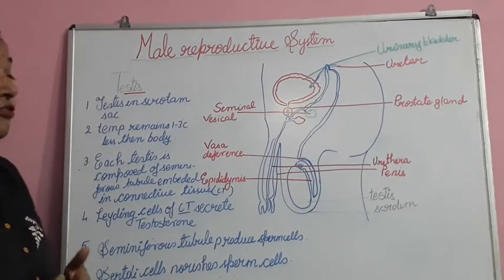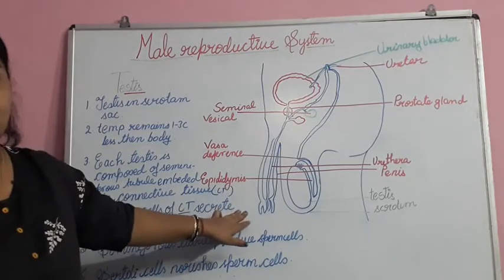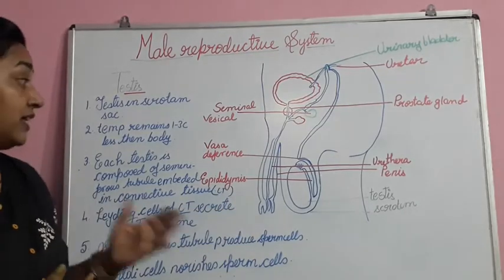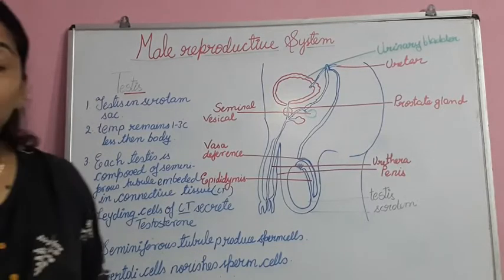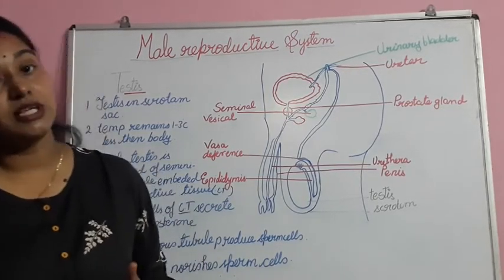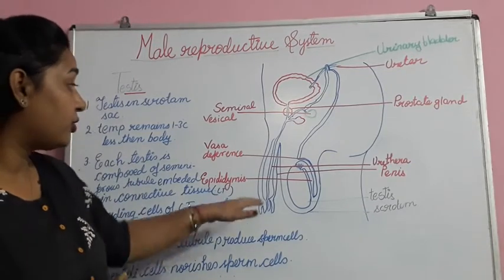So now first let us see what the testis is. As we know, the testis is the part which produces the male gamete, and that male gamete is a sperm cell. So the sperm cell is produced in the testis.